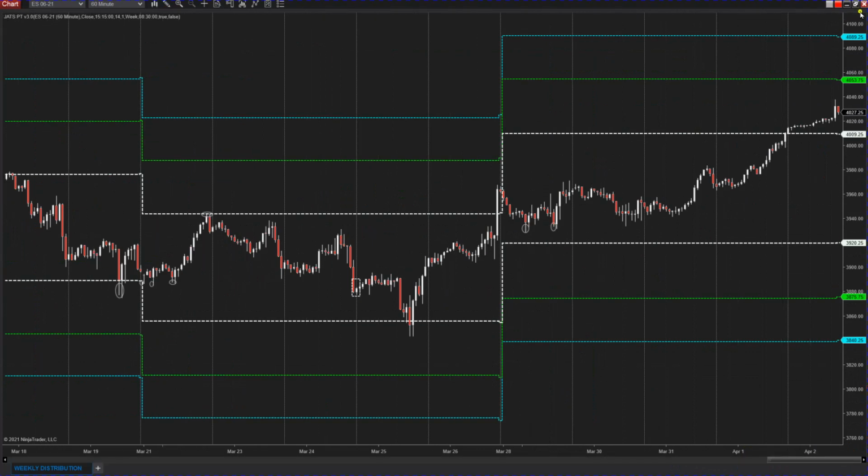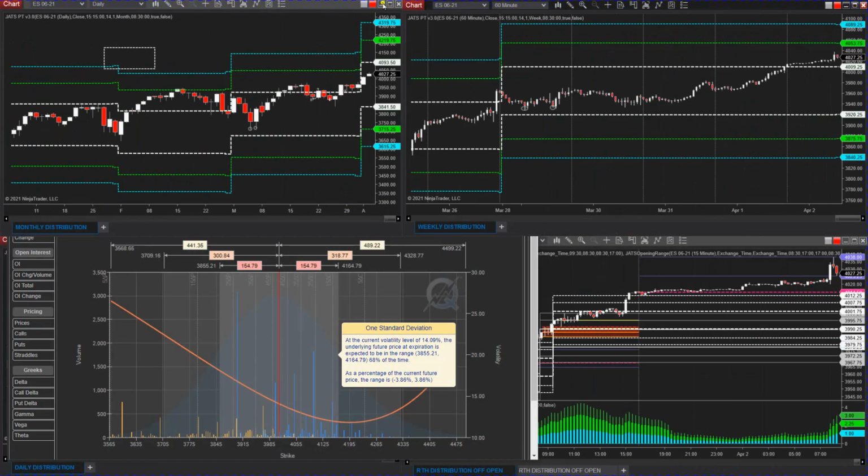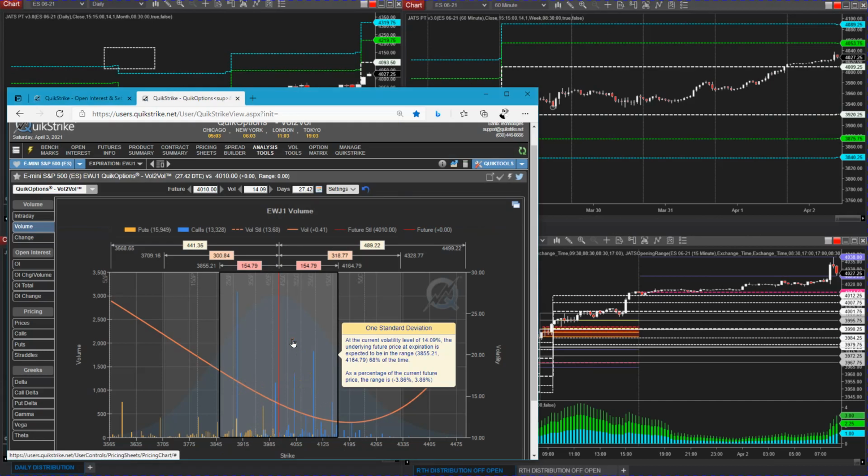So pay attention to the higher time frame, and then always check your option information. The implied volatility is kind of ridiculous on the options. Here's the monthly showing that PT1's way up there at 41.64. Totally outside the realm of possibility currently.